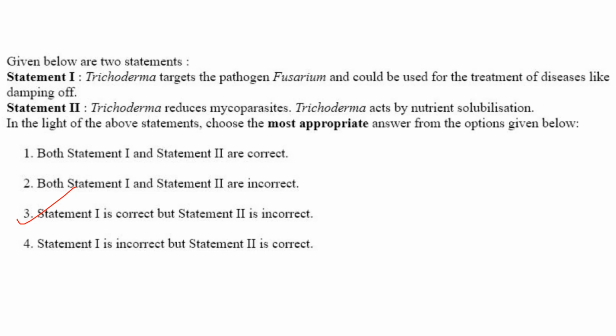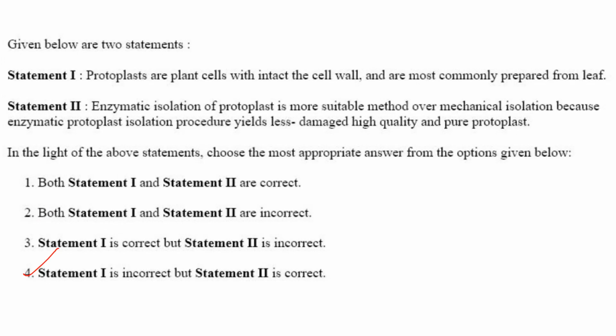It either directly parasitizes and kills the other fungi, produces compounds inhibiting fungal growth, or competes with the other fungi for nutrient and space. That is how it kills the other fungus. So statement 2 is not correct, but statement 1 is correct. It doesn't kill the fungus by nutrient solubilization. So the answer is option 3.